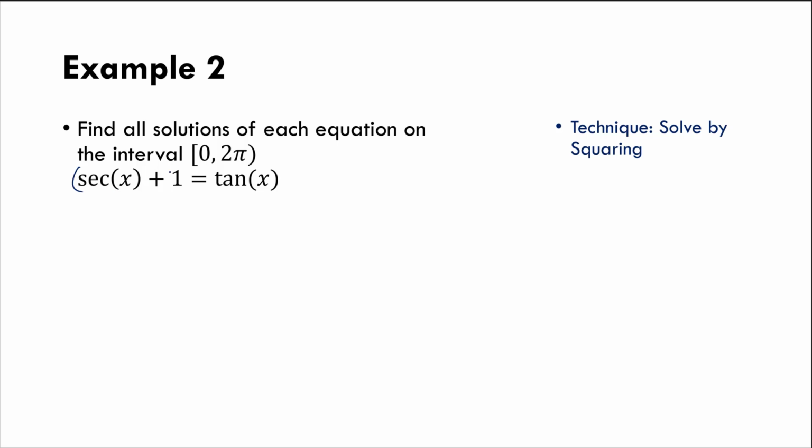When I look at my Pythagorean identities, there's nothing to switch from tangent to secant, but from tangent squared I have an identity.